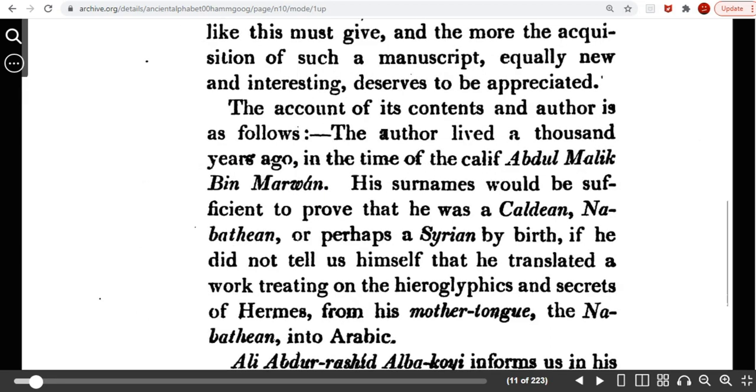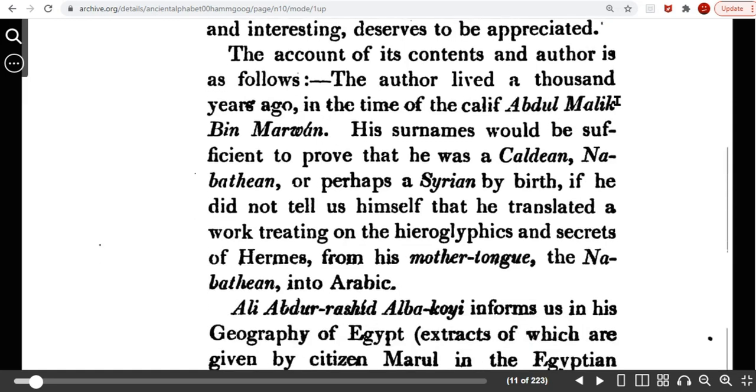So the author of this book lived 1,000 years ago. And he tells the story of where he got his information, another 1,000 years old, down at the end here. And the reason he was able to do this is because he was from one of the 4 families that was allowed to have this information.